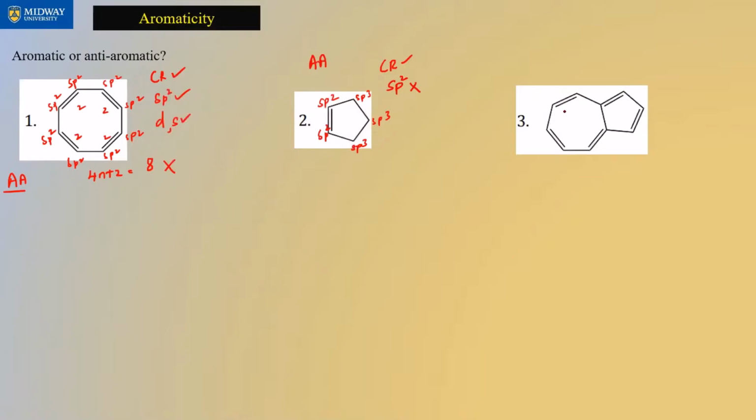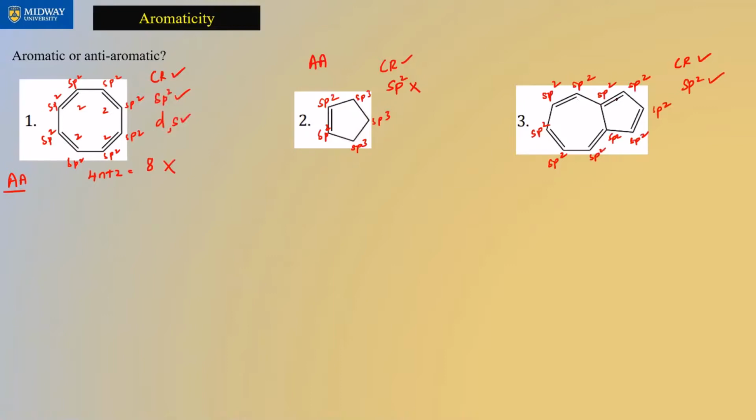Number 3. Again, let's start with the cyclic ring structure. Yes, it does. And then, does it have sp2? Yeah, sp2, sp2, sp2, sp2, sp2, sp2, sp2, sp2, and sp2. You see the entire molecule is covered in sp2, so that's good.